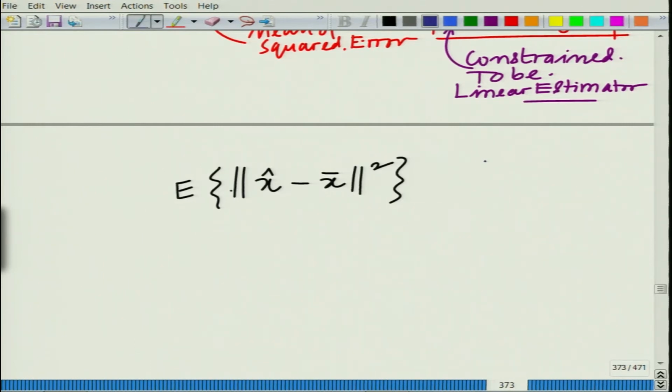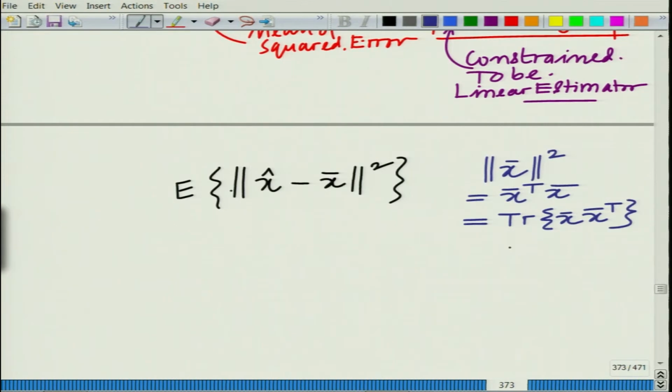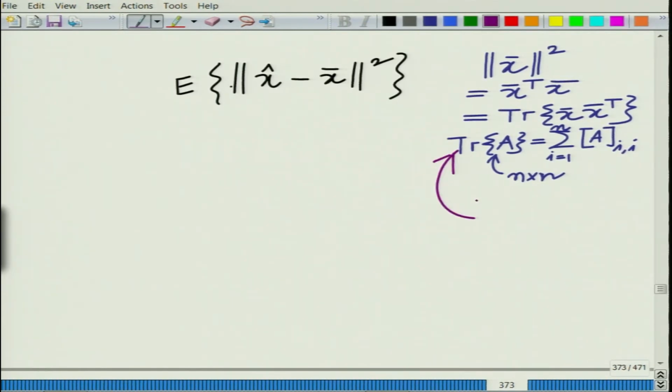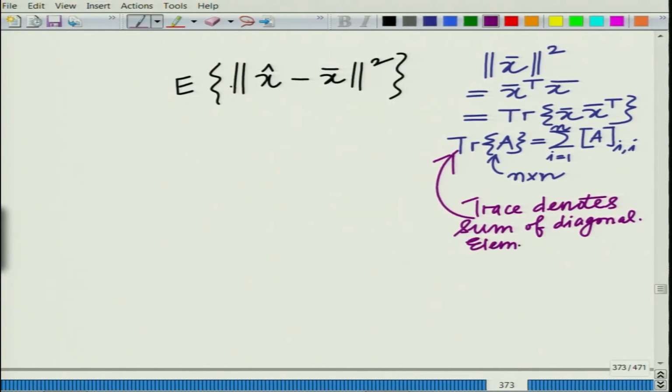I am going to use the property that we well know, norm x bar square for real vectors is simply x bar transpose x bar, which can also be written as trace of x bar x bar transpose, where trace of any matrix A is simply the sum of the diagonal elements for an n cross n matrix A. So, trace denotes the sum of the diagonal elements of a square matrix. I think all of you should be familiar with this.